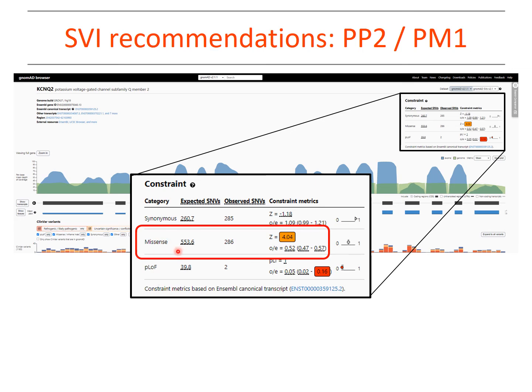These are the number of expected missense variants, and these are the number of observed, and this is then expressed as a Z-score. You see that the Z-score is 4.04, which is way above 3.09. So in this case, you could use PP2. Okay, this is the metric and how you find it.